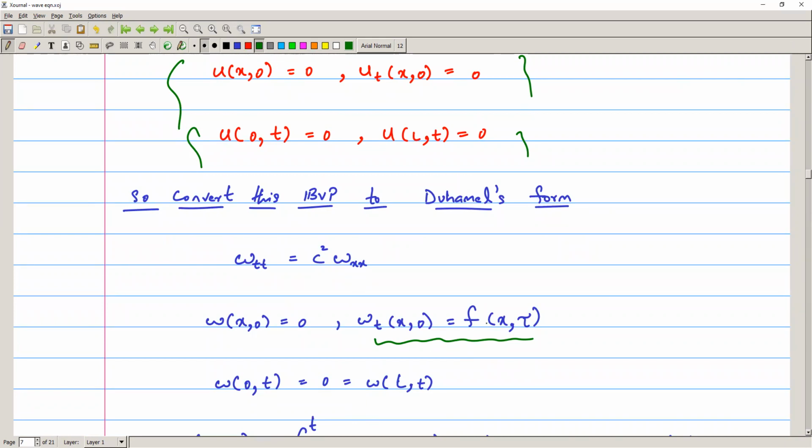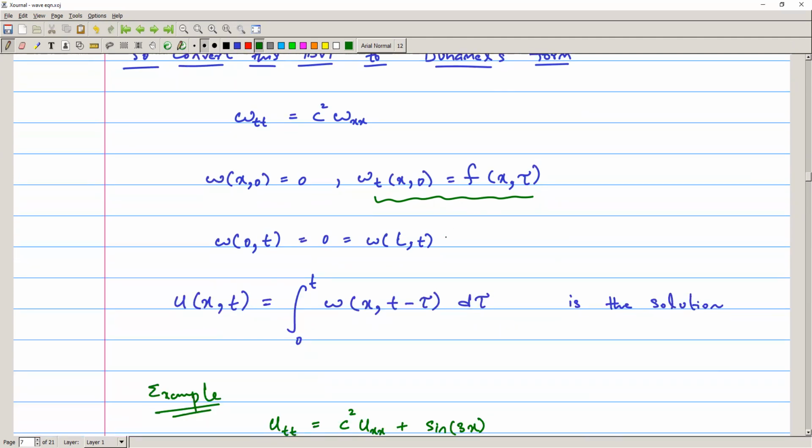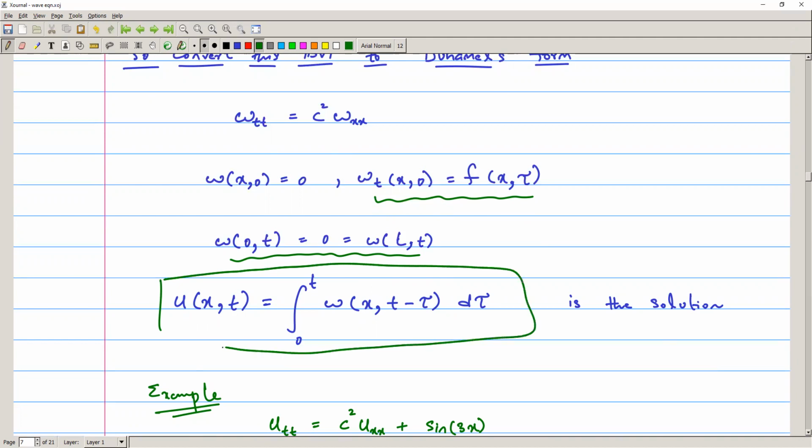So it becomes a function of x,tau, and the boundary conditions become homogeneous. All right, and then we can apply this form to find the solution.